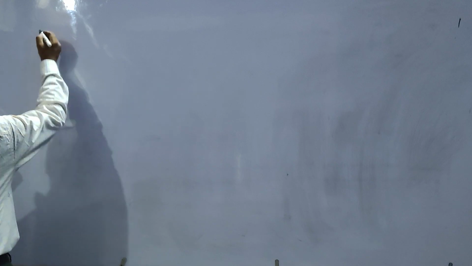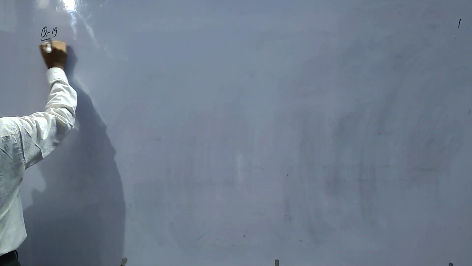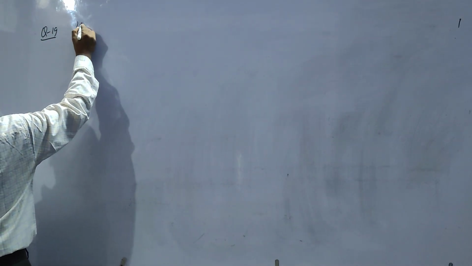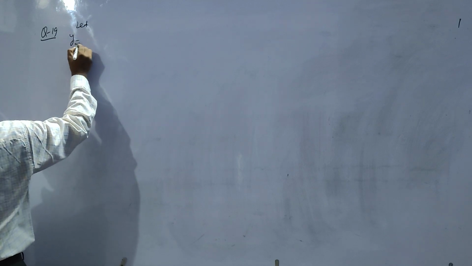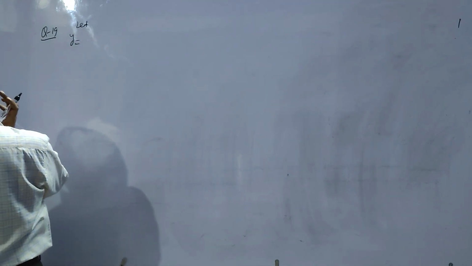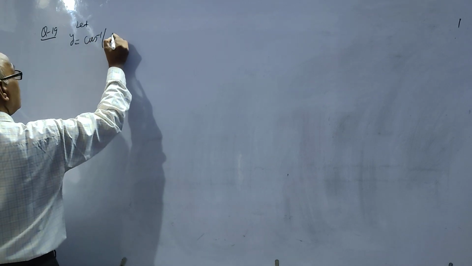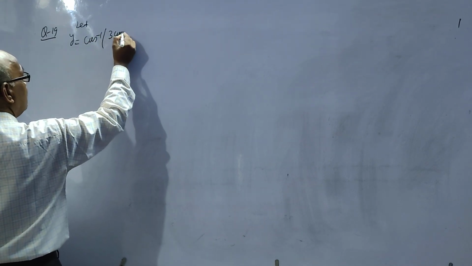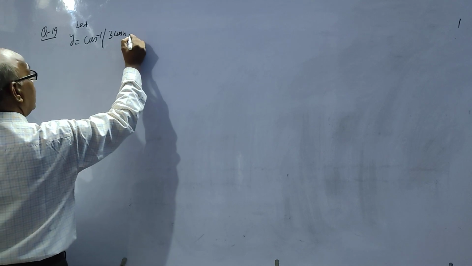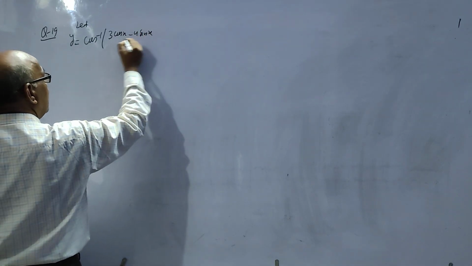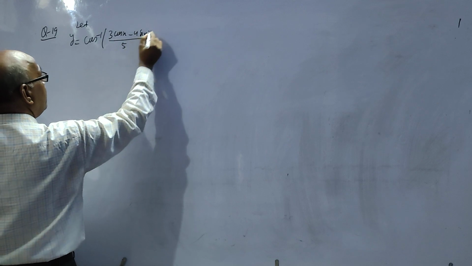Question number 19: let y is equal to cos inverse of (3 times cos x minus 4 times sin x) divided by 5.